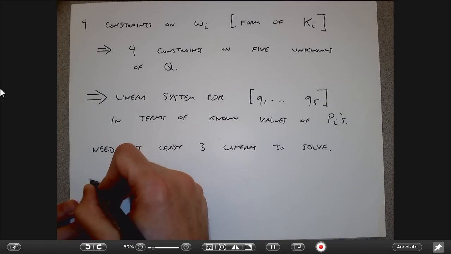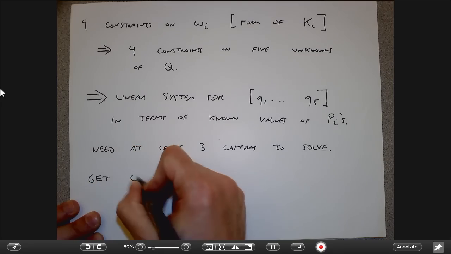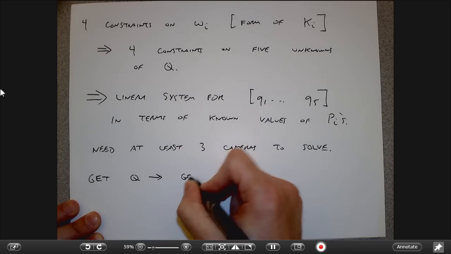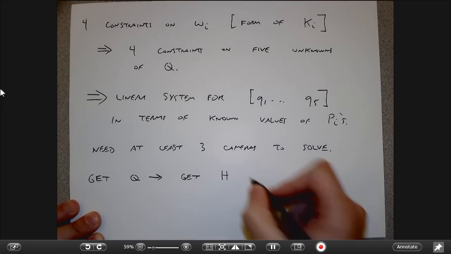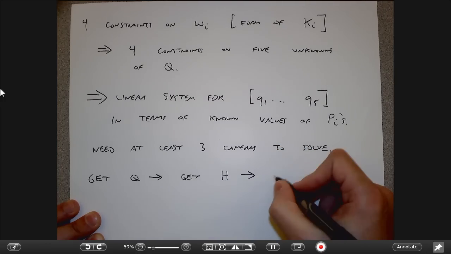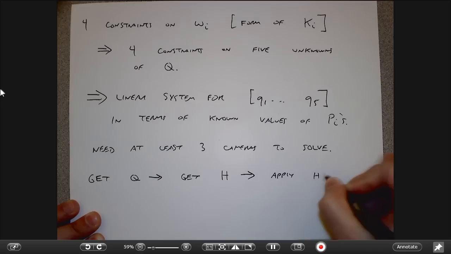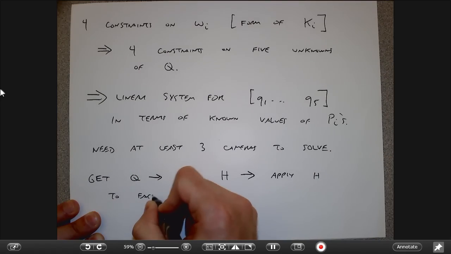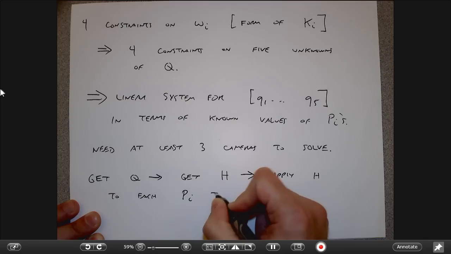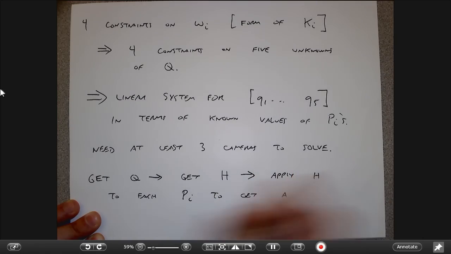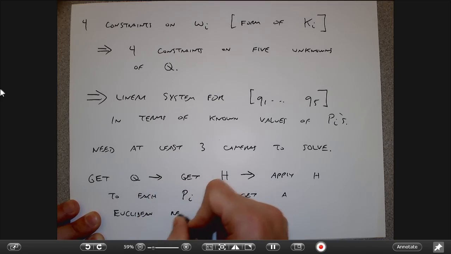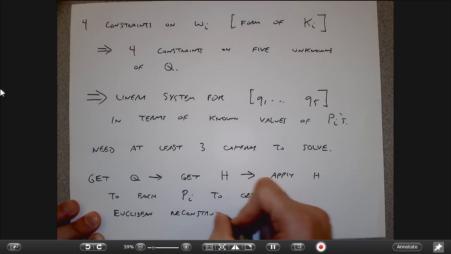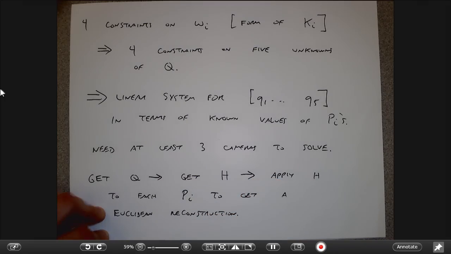So then I get Q. I undo this to get H. And then I apply H to each PI to get what's called a Euclidean reconstruction. So that's kind of the very broad strokes idea of how this works.